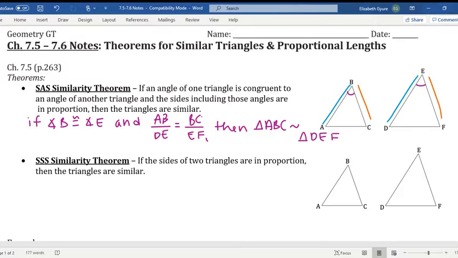So very similar to our side angle side congruence, except instead of the sides being congruent, the sides need to be proportional.